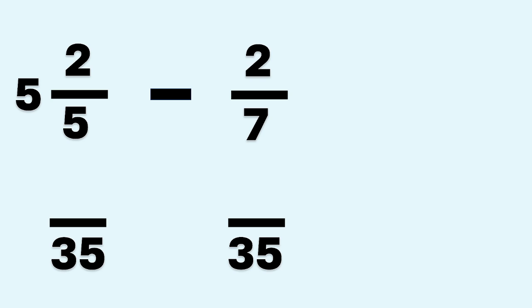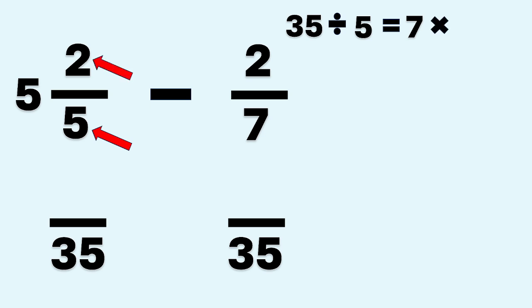Now, we are going to divide the LCD 35 by denominator 5. So 35 divided by 5 equals 7. Then multiply the answer by numerator 2. So 7 times 2 equals 14. So we have here 14/35.